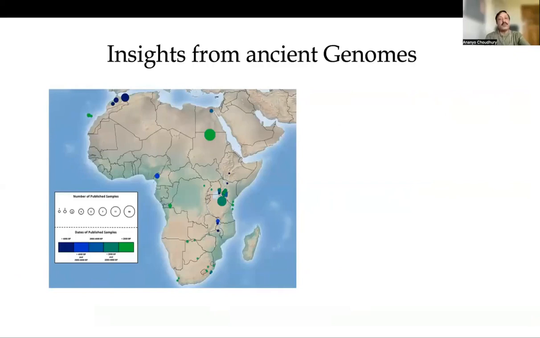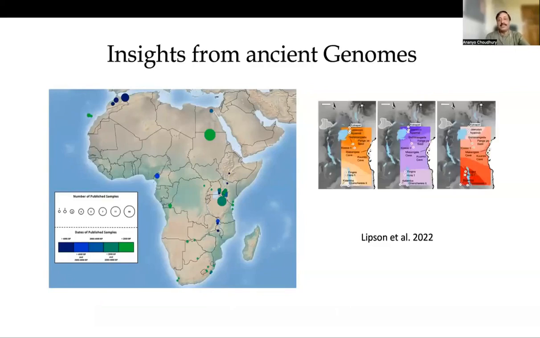So this is a vast topic and perhaps requires a talk on its own, but let me just present one recent example. A recent study by Lipson and colleagues published earlier this year had shown that the model of African history that emerges from ostrich eggshell beads is very possible, and indeed populations in different parts of Africa exchanged genes for a quite long time, which came to an end about 20,000 years ago, which really kind of matches the ostrich eggshell bead distribution.